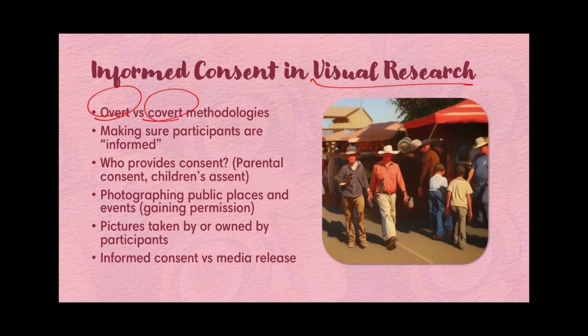But there are also some researchers who do covert methodologies, meaning the participants do not know that they're being researched on. And usually, if there are no high ethical or no illegal stakes to this, then usually it can be allowed. But there are really thick ethical protocols for you to follow if you want to do a covert methodology.